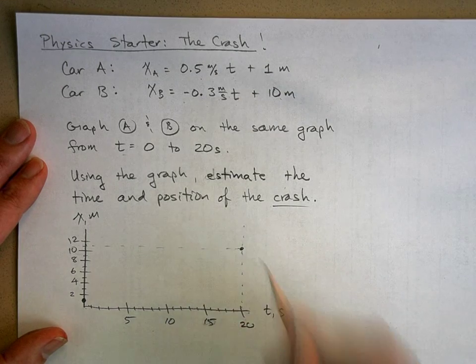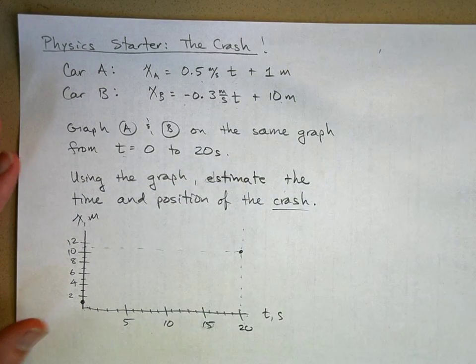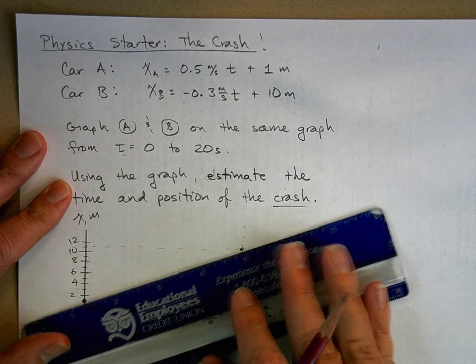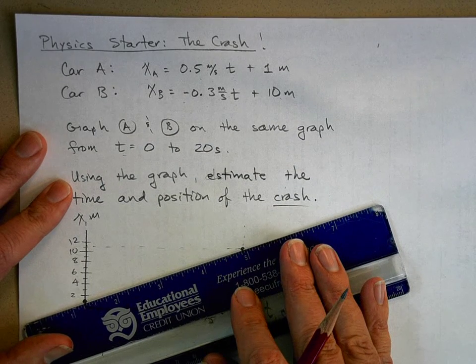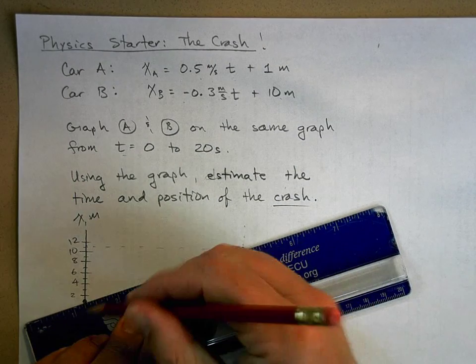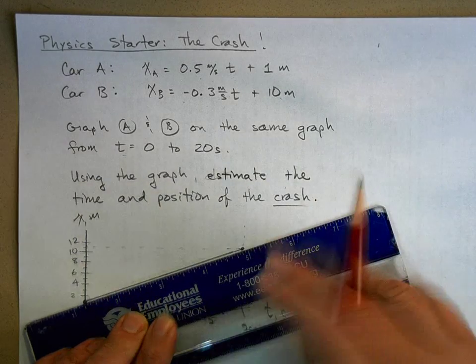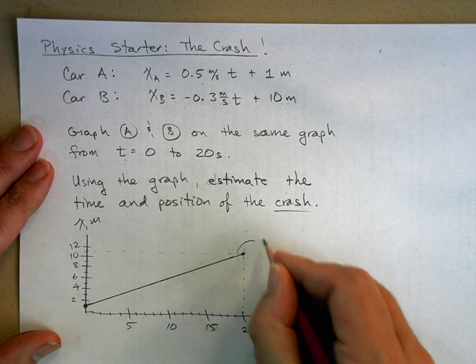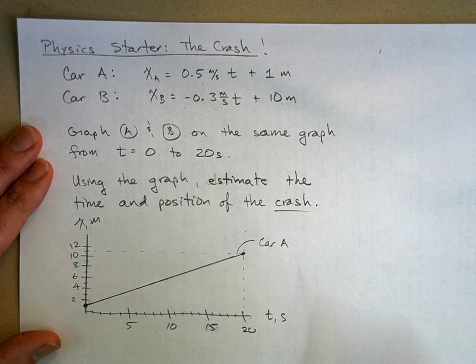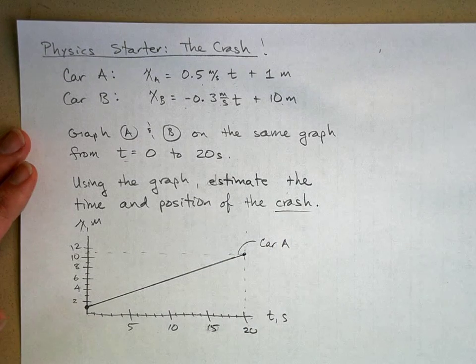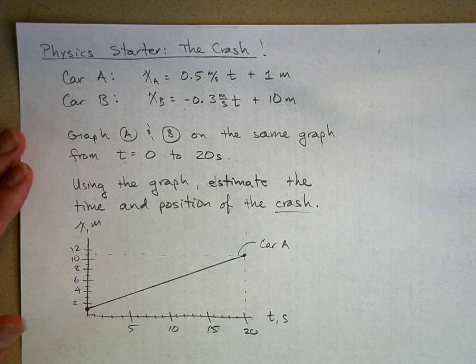Now this is just a little hand sketch, so it's not going to be perfect, but you know what? It's going to be really close. So there's car A. Any questions on that?